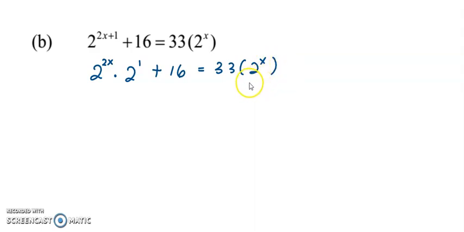And we're trying to change this into the quadratic form. We would like to move every term with 2 power of x and all constants to the left side, and leave the right hand side to be 0.